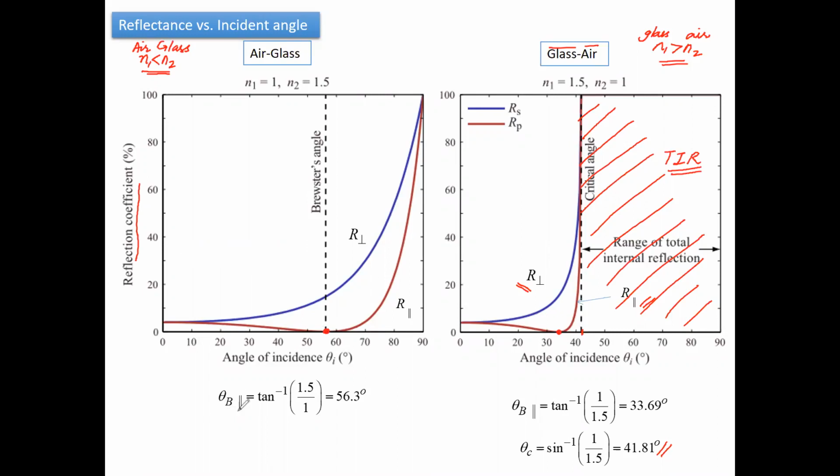And again, tan theta b is tan inverse 1.5 over 1, which is glass over air, because the refractive index of glass is 1.5 and the refractive index of air is 1. So it is 1.5 over 1, which is 56.3 degrees. Okay. So these are the two special angles, the Brewster angle and the critical angle.